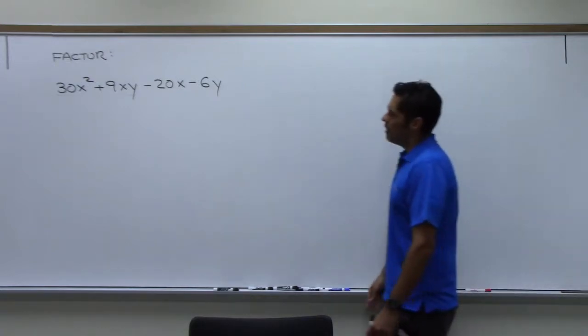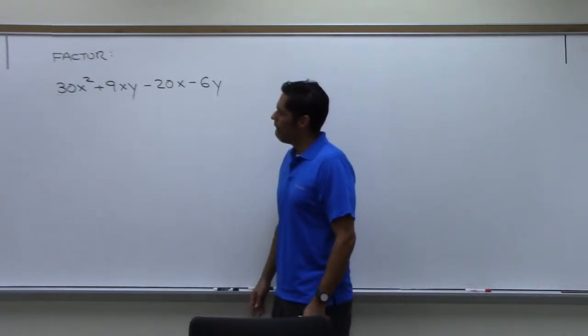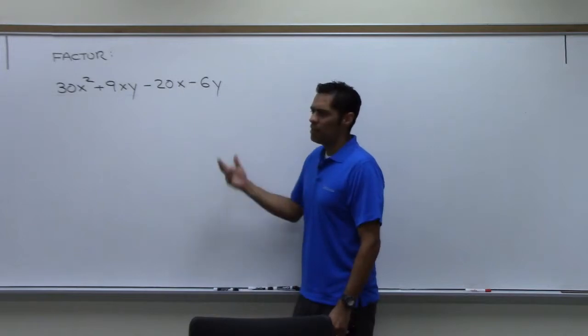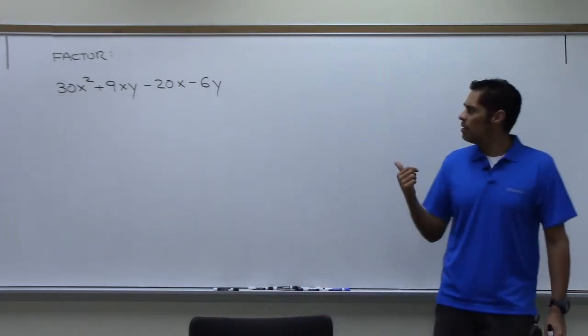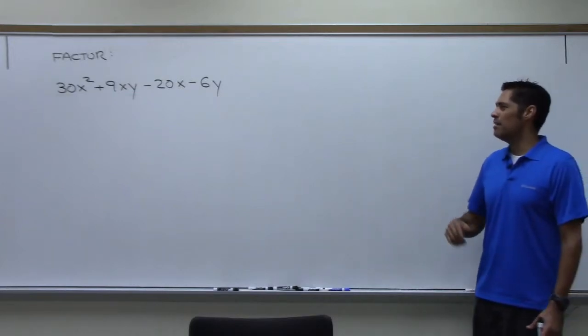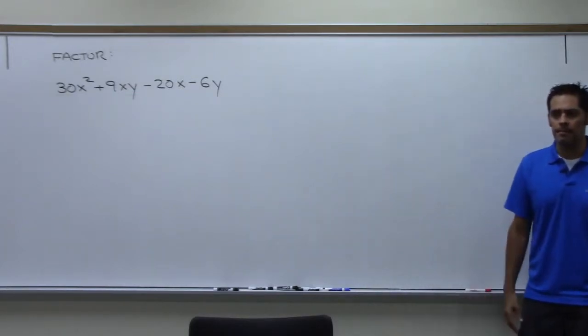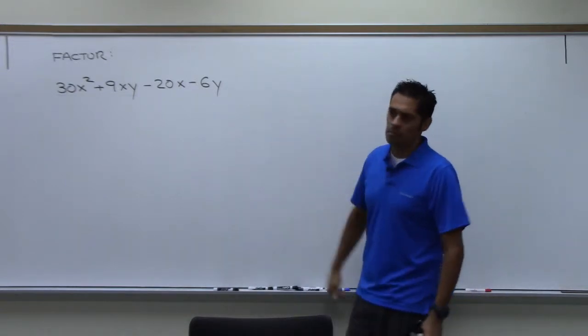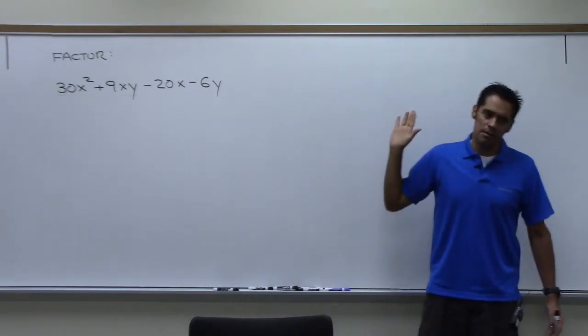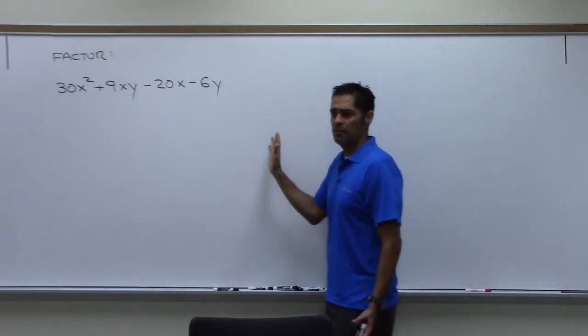No, I don't think we're going to get anything. 2 doesn't go into the 9, 3 doesn't go into the 20, and you could keep trying. You're not going to find anything. All right, how about x's? Do we have x's in all the terms? No. Do we have y's in all the terms? No. So we do not have a GCF.